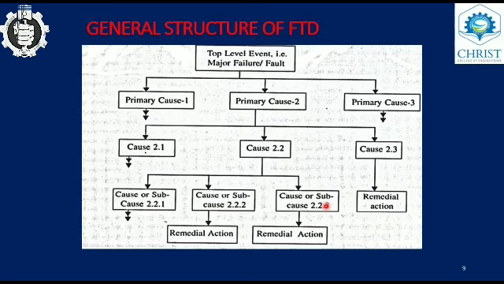If the reason is 2.2.2 or 2.2.3, take remedial action. If the reason is 2.2.1, then find what the sub causes are, and take the remedial actions to avoid the failure.